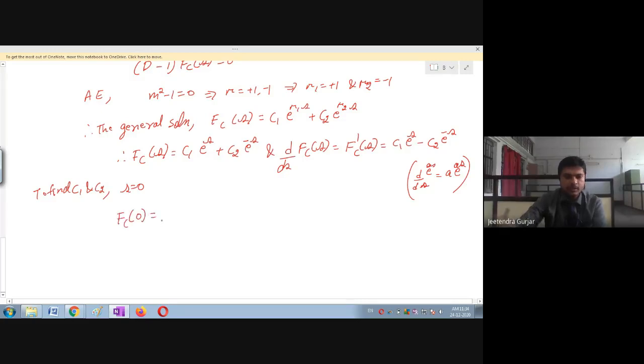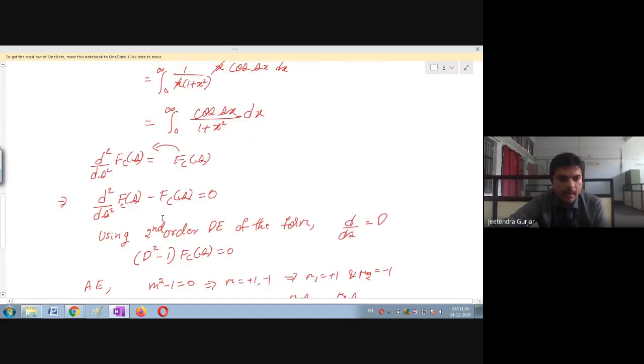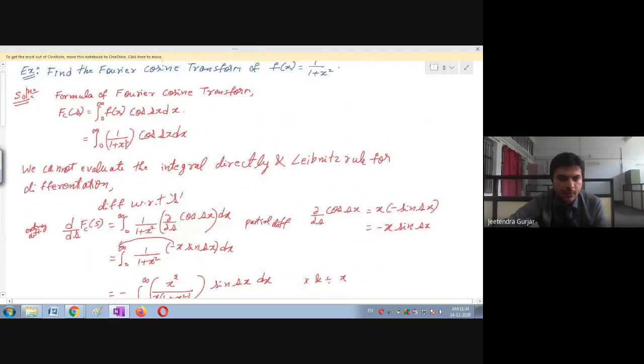So now s is equal to 0 means what will be f c 0? Yes, what is f c 0? Okay, go to this equation. I will substitute here, so there will be no confusion. f c 0 if I take, this will be the integral 0 to infinity, yes, I can see this 1 upon 1 plus x square is there. So I'll write 1 upon 1 plus x square as it is, because s is 0. Please remember s is 0. So this will become cos 0. Cos 0 is 1.